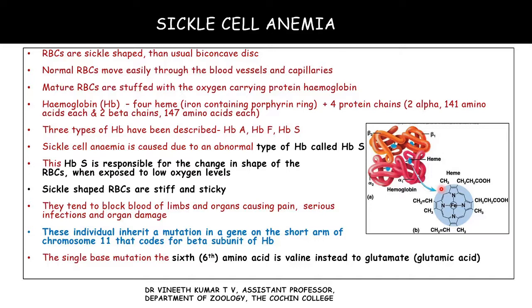And this HbS, or this mutant hemoglobin, is responsible for the change in the shape of the RBC, and this happens when the RBCs are exposed to low oxygen level.